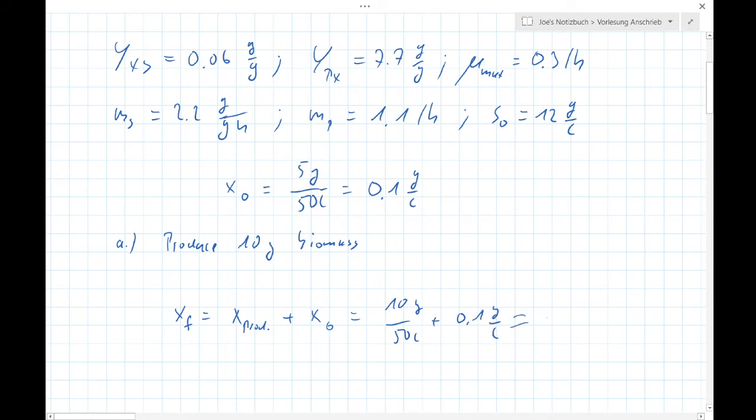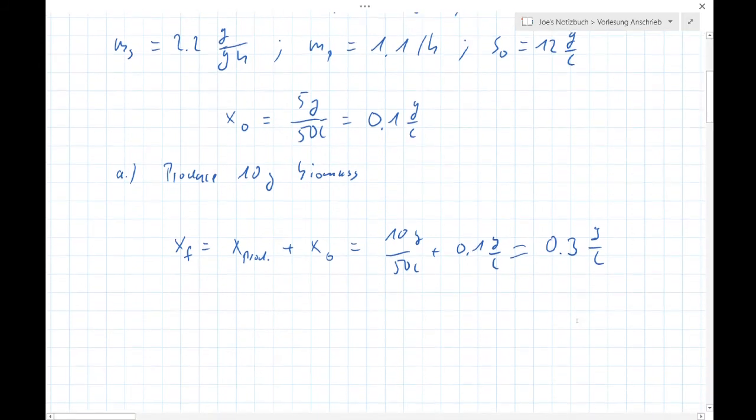So we end up with an X final of 0.3 grams per liter. Don't forget that you need to convert that into a concentration, and don't mix up concentrations and total masses. So your final concentration is 0.3 grams per liter.